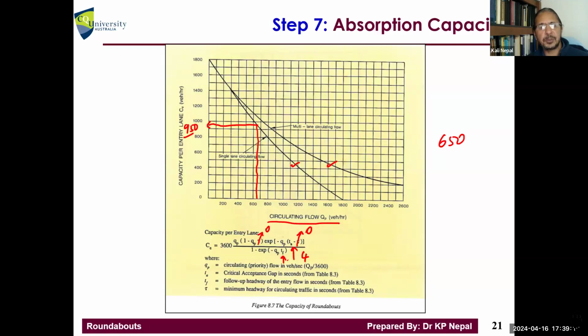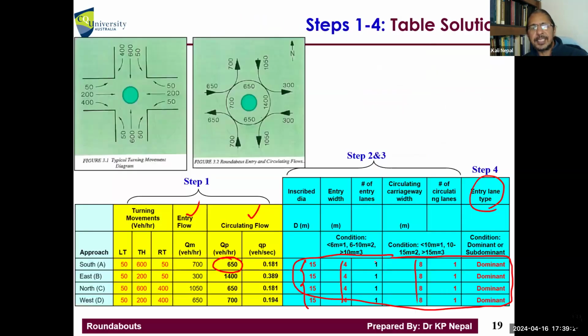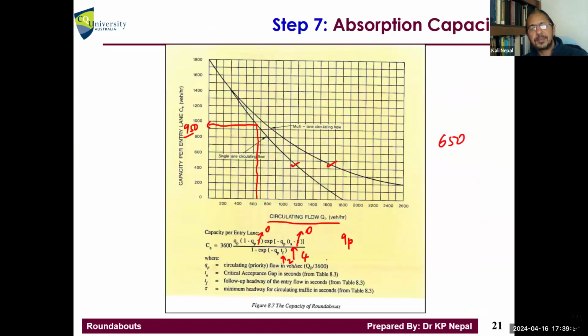And TF is 2 seconds. And QP, this is in vehicles per second, right? I want to check for that. So 0.181. QP is 0.181. If you press it in the calculator, you get a value very close to 950.